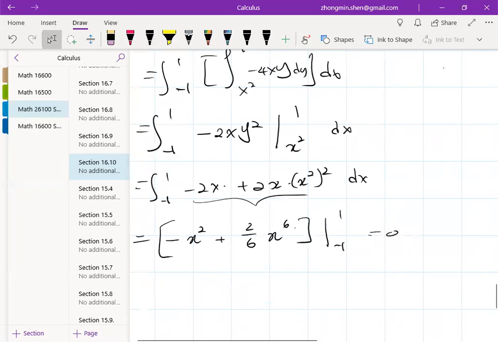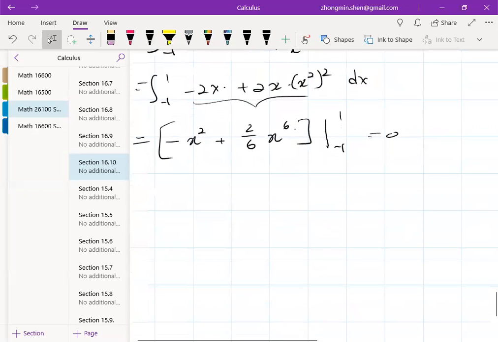So now we're going to continue to generalize the theorem. Remember the integral along the interval.